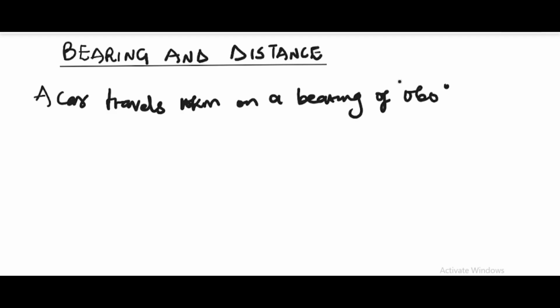A car travels 10 kilometers on a bearing of 60 degrees. This 10 kilometers tells us the distance. Then this 60 degrees tells us the bearing.